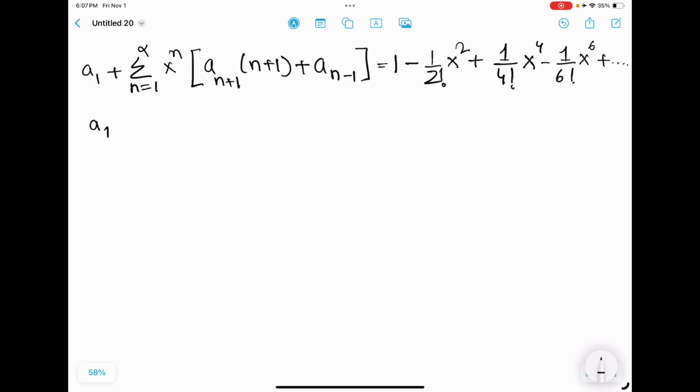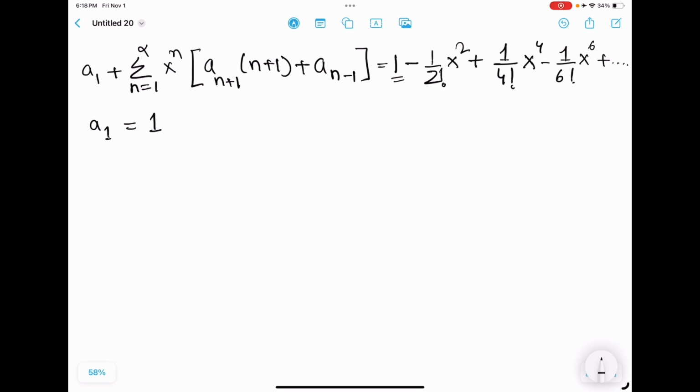So I'm going to write my a sub 1, and I want to see what the possible value a sub 1 could be. So I'm going to look at my right, and look for my constant, right? Just so it matches with my a sub 1. And if I look at my right, the only constant I've got is this 1. So I can assume that my a sub 1 equals 1 because both of them are constants, okay?